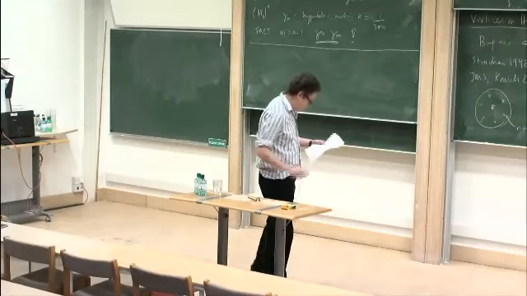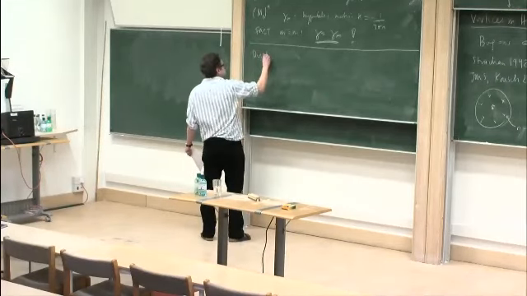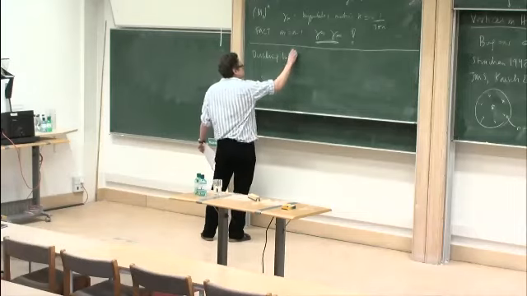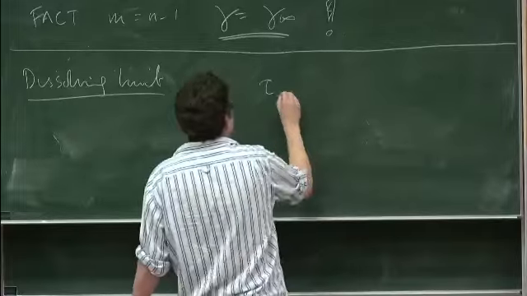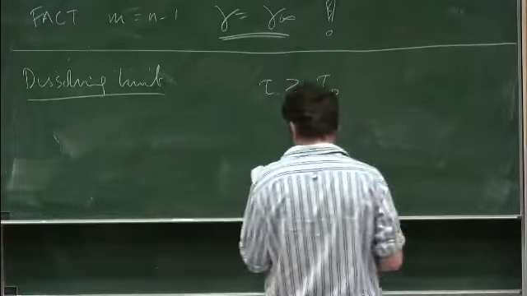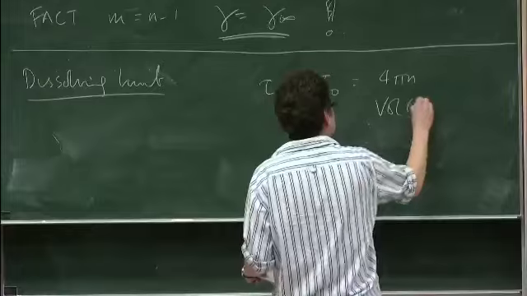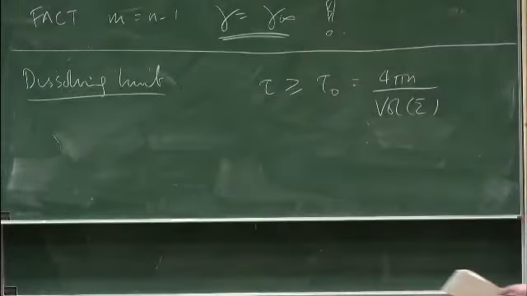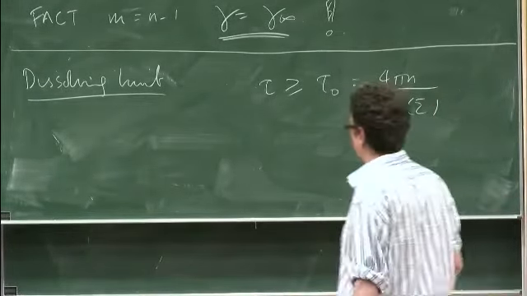What about the opposite limit, the dissolving limit? So remember, we had the Bradlow bound: tau had to be bigger than some lower limit, which was 4 pi n over the volume of sigma. So tau goes to infinity is one limit where they become point-like.